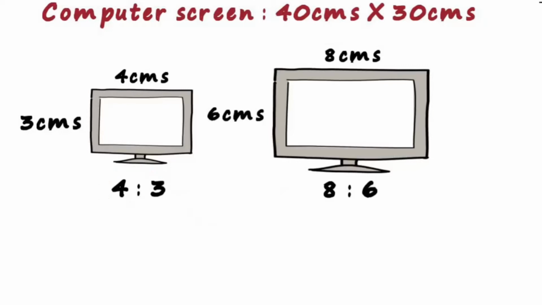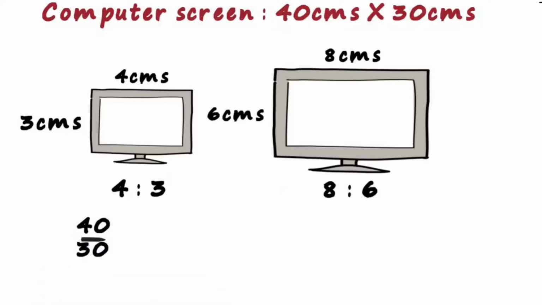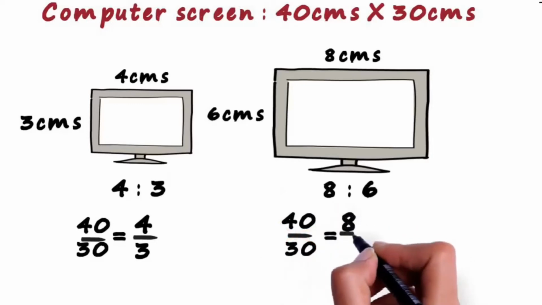However, the ratio 4 to 3 and the ratio 8 to 6 are both from the division 40 over 30. 40 over 30 has been reduced to 4 over 3. Then for the larger one, where we have 8 to 6, 40 over 30 was reduced by dividing the numerator and the denominator by 5.